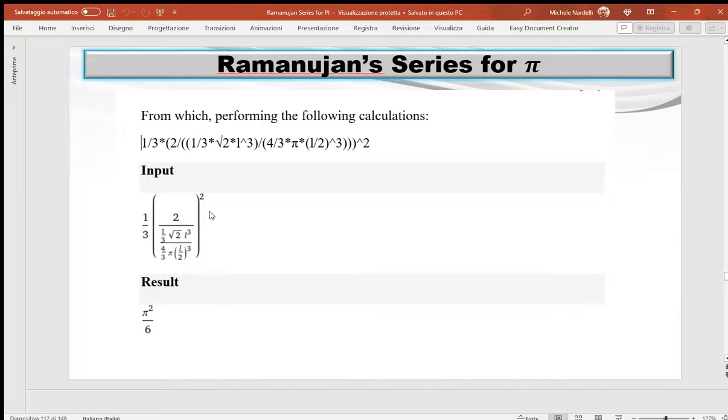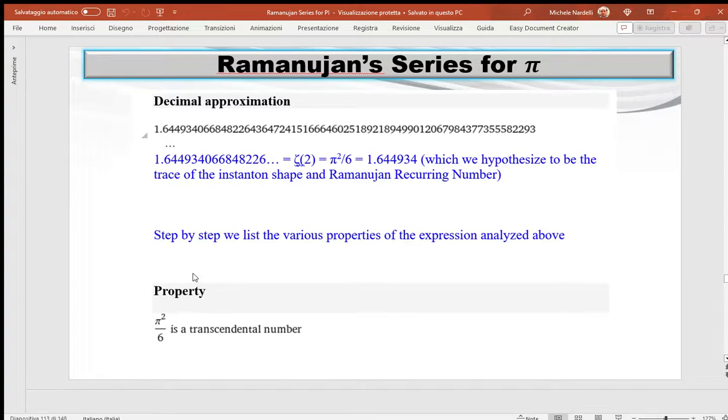This expression raised to the second power and multiplied by 1 over 3. We obtain this value, practically pi squared over 6, that is equal to zeta 2, which we hypothesize to be the trace of the instanton shape, and this value, we remember, is also a Ramanujan recurring number.